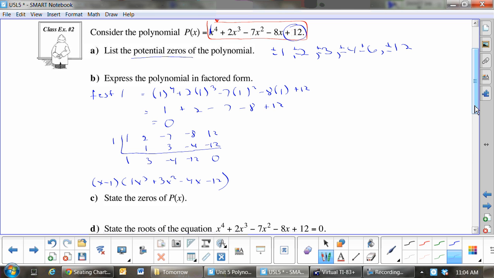Therefore, what is a factor? X minus 2. But I'm going to put 2 into, am I going to put it into the original equation? No, because then I haven't really, I'm trying to break that thing down. So I'm going to put it into this equation here, right? I'm going to put it in here.